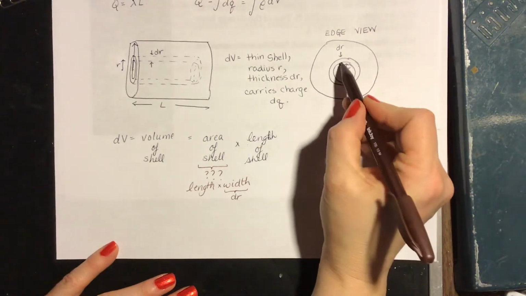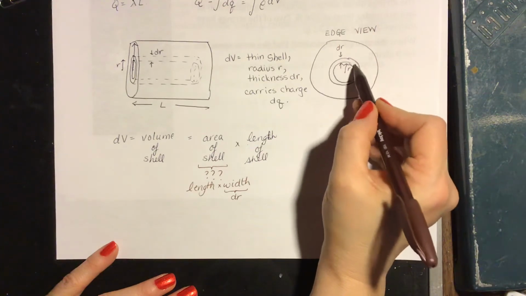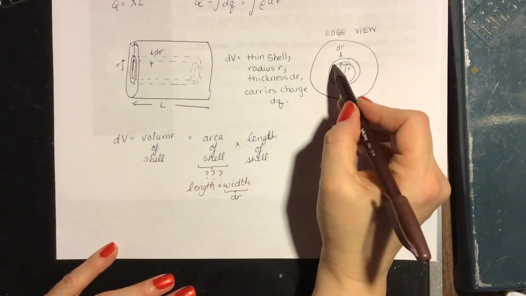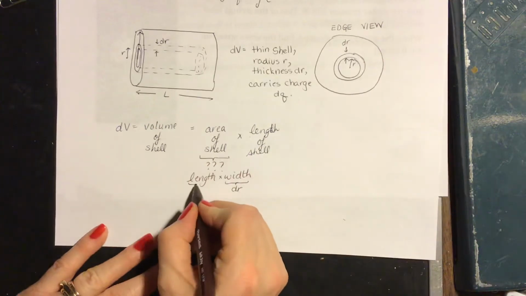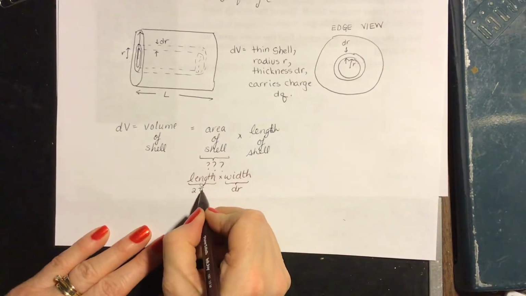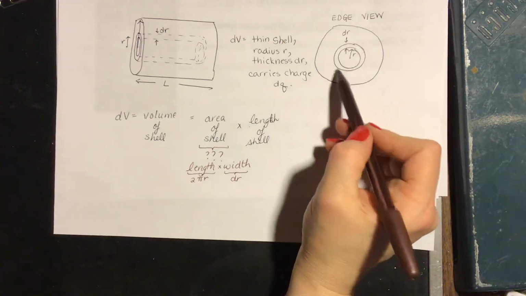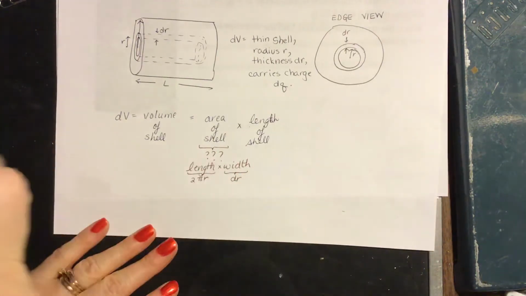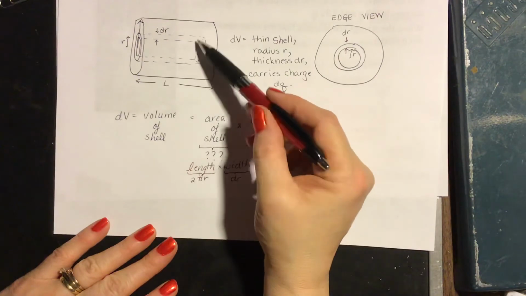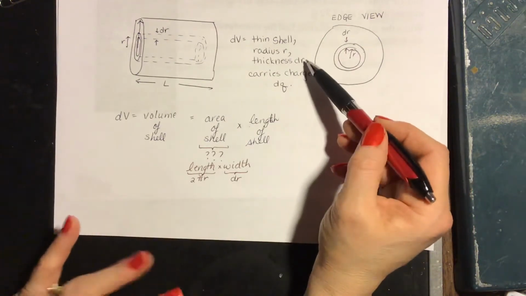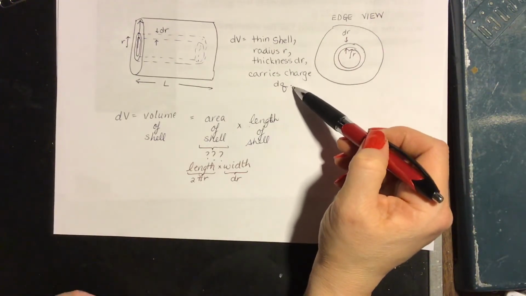The length is the distance all the way around, so that length would be the circumference. So that's how we can find an expression for the volume element of our shell. dV is the little bit of volume of this thin shell. It has radius r, thickness dr, and carries charge dq, which is given by density times the volume.